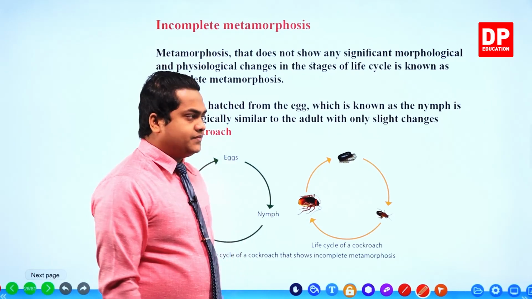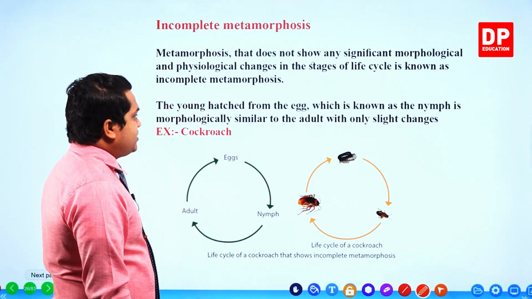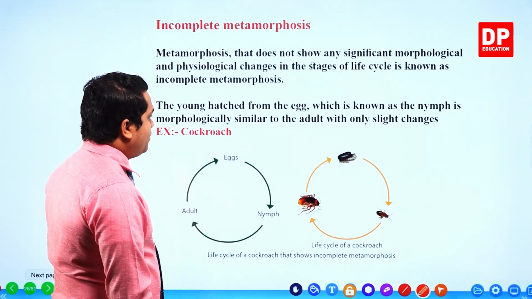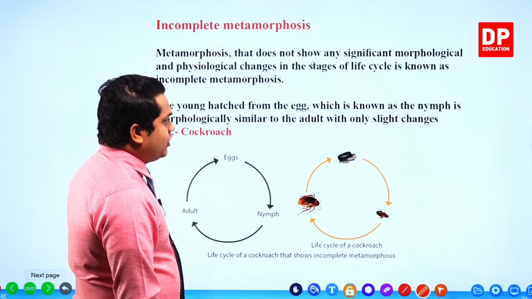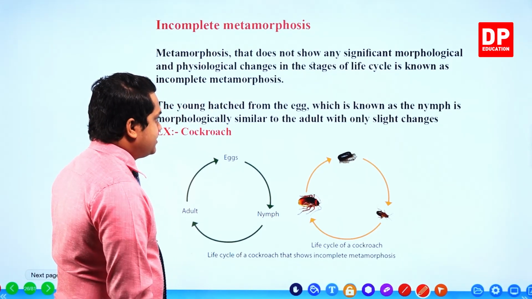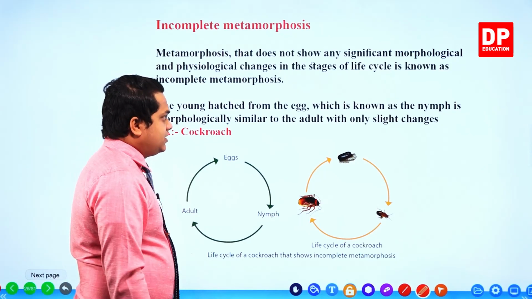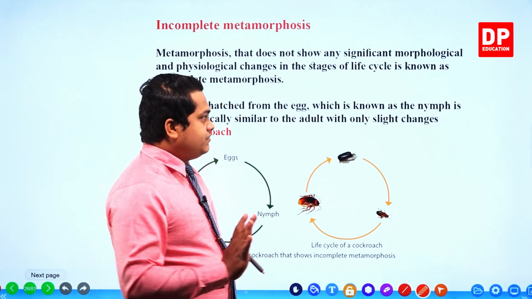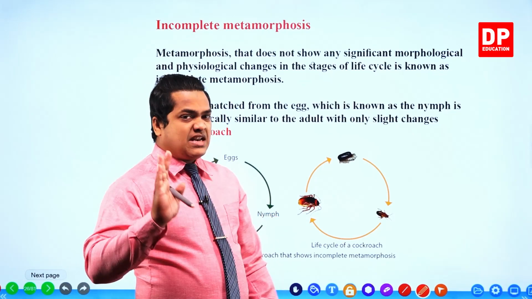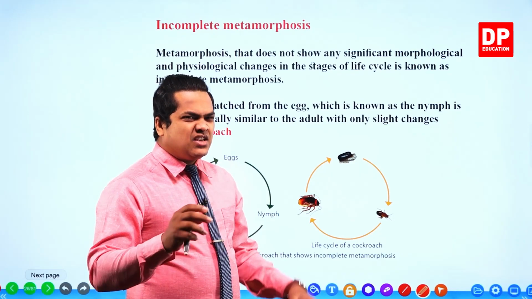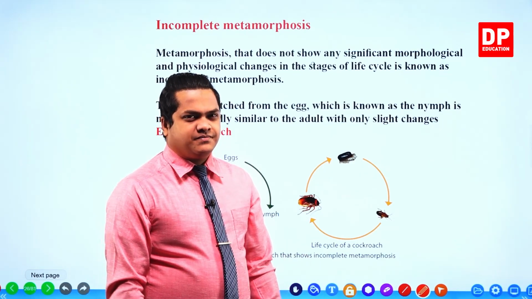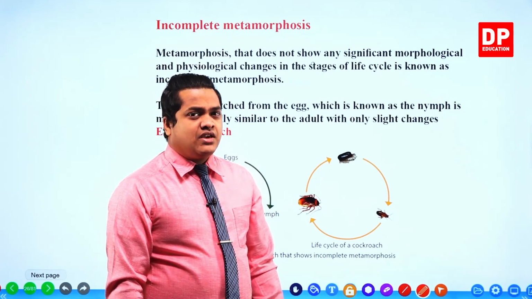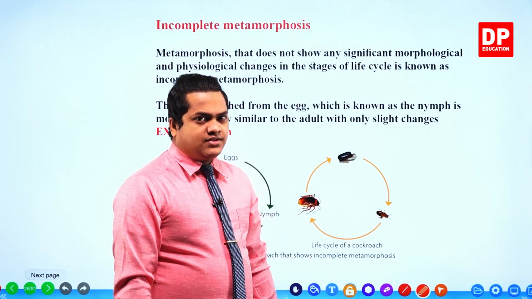The young hatched from the egg, known as the nymph, is morphologically similar to the adult, with only slight changes. Slight changes means a small bit of change can be observed. That's it. There are no dramatic changes between the nymph and the adult.